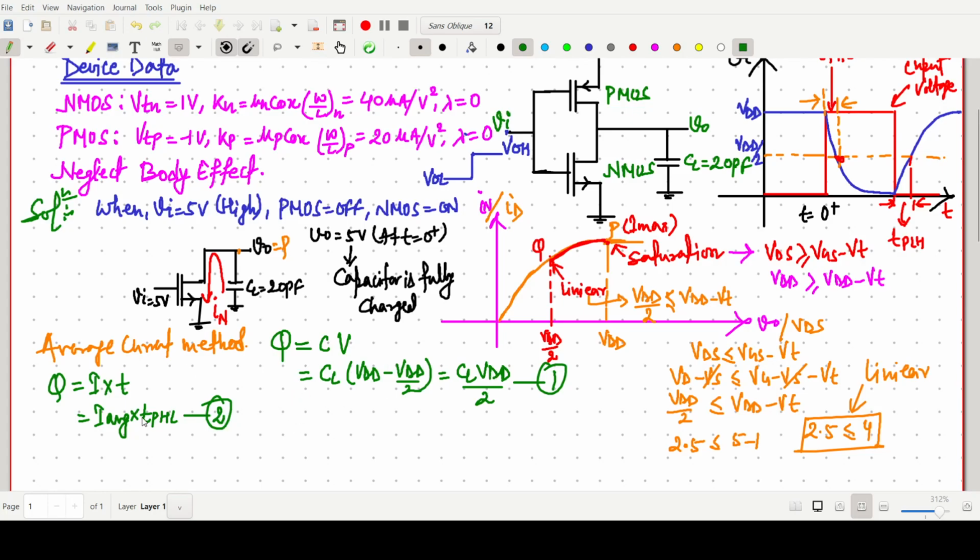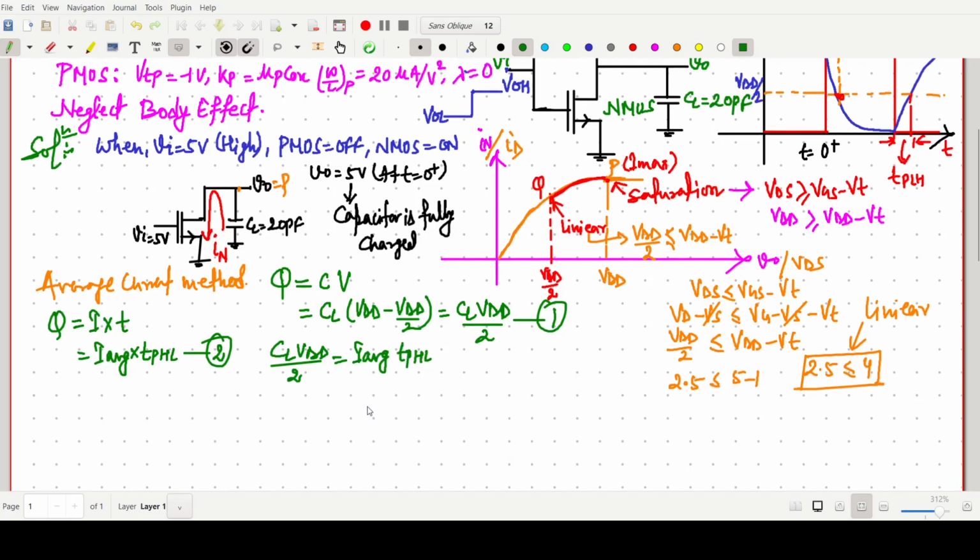By equating 1 and 2, we can write CL VDD by 2 equals I average into tau PHL. So we can easily say tau PHL is CL VDD by 2 into I average. This is one of the equations to determine the value of tau PHL.